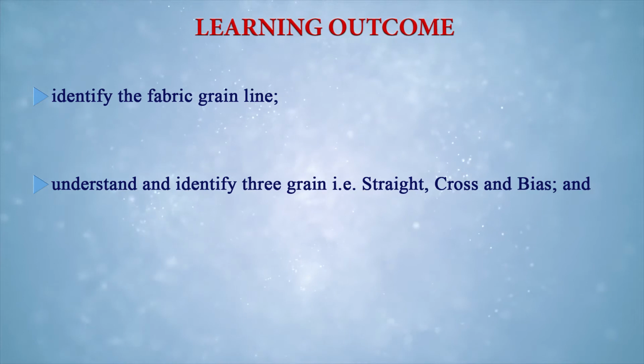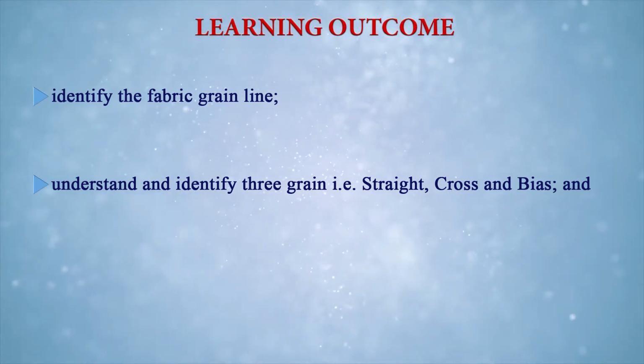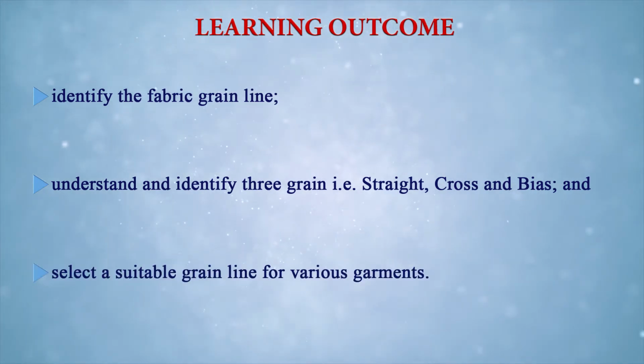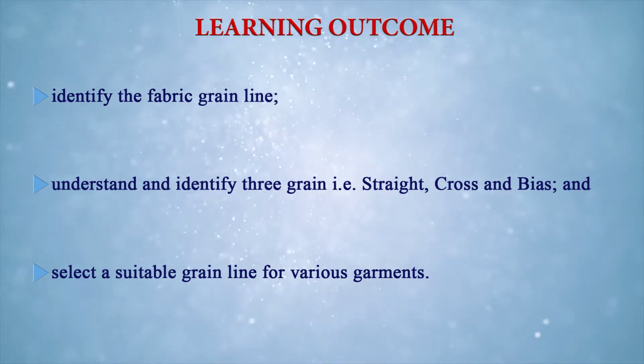Then you can understand and identify 3 grains, which are the straight grain line, cross grain line and bias grain line, and then you can select a suitable grain line for various garments. So when you come to understand that there are 3 different grain lines, straight, cross and bias, according to that you can select which grain is suitable for your design and for the garment construction.